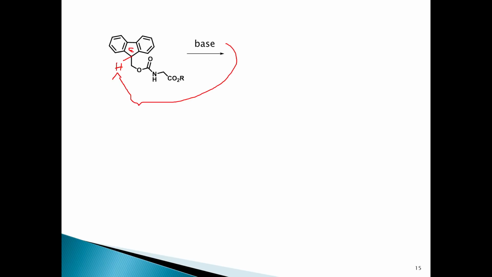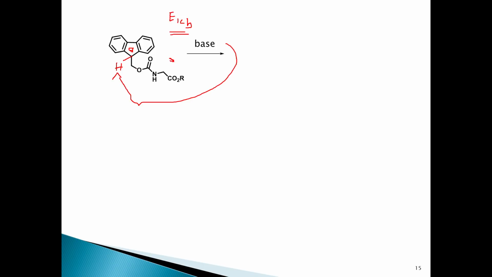I'm very sorry, a carbanion will be generated. This carbanion is stabilized by resonance due to the two phenyl rings. So it is an E1cb mechanism because the generated carbanion is stabilized.